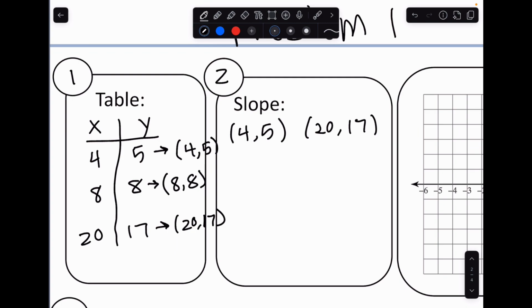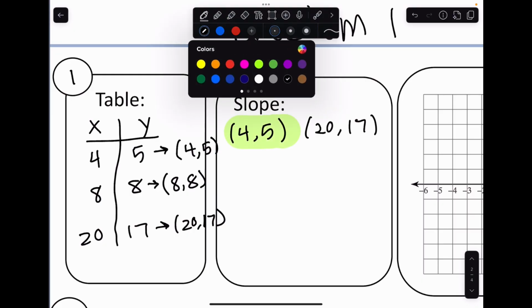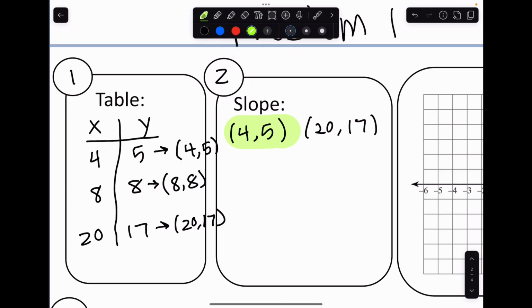One of them has to be x1, y1. One has to be x2, y2. So I'm going to choose this first point to be my x1, y1. And this second point I'm going to choose to be my x2, y2.